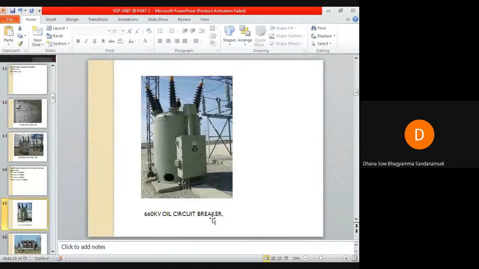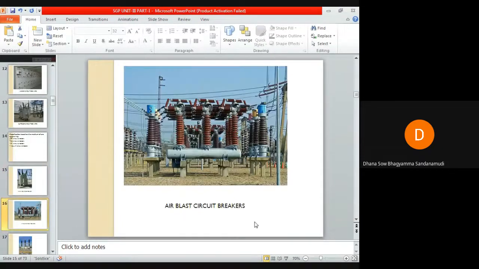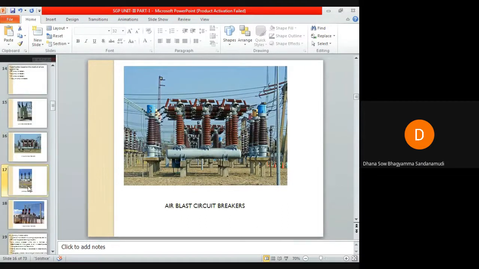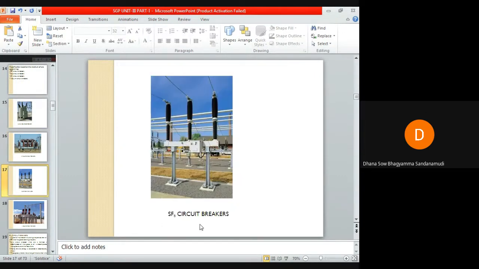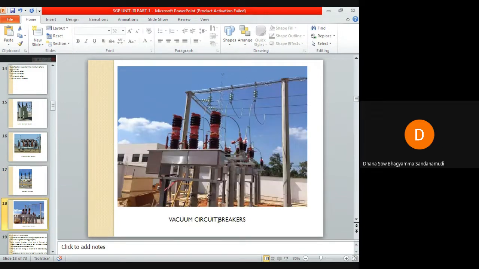This is an oil circuit breaker, and this is an air blast circuit breaker. This is one type of air circuit breaker; different types of air circuit breakers are there. This is an SF6 circuit breaker, and this is a vacuum circuit breaker.